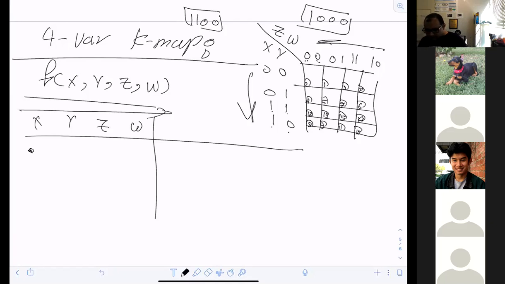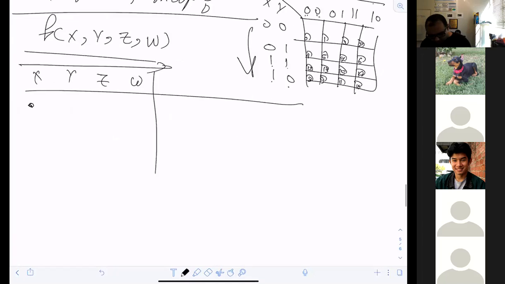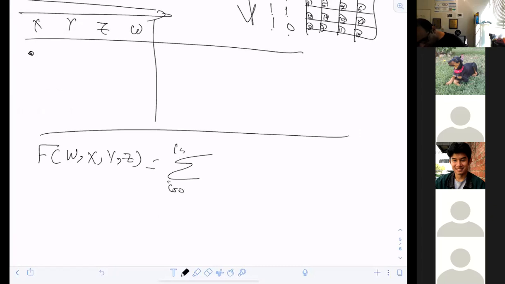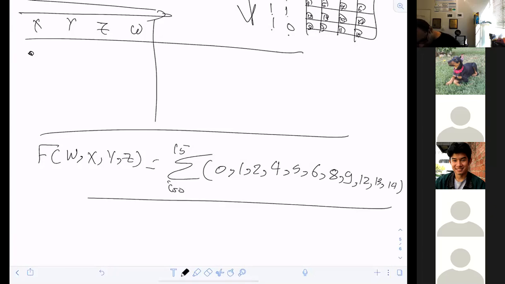So in that case, let's have more examples regarding the 4 var format. If I have F as a function of W, X, Y, Z, written in minterm form, sum over i equals 0 to 15, as we already have 16 minterms, and the numbers are going to be 0, 1, 2, 4, 5, 6, 8, 9, 12, 13, 14.